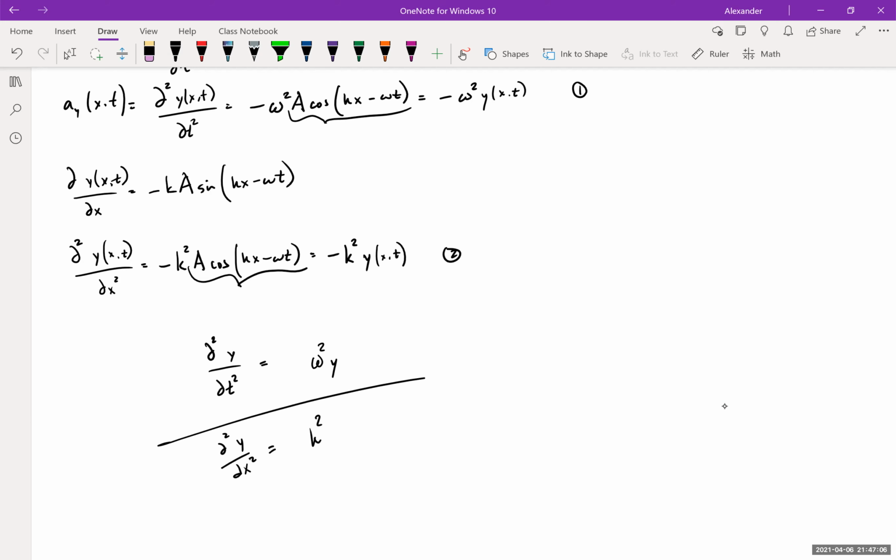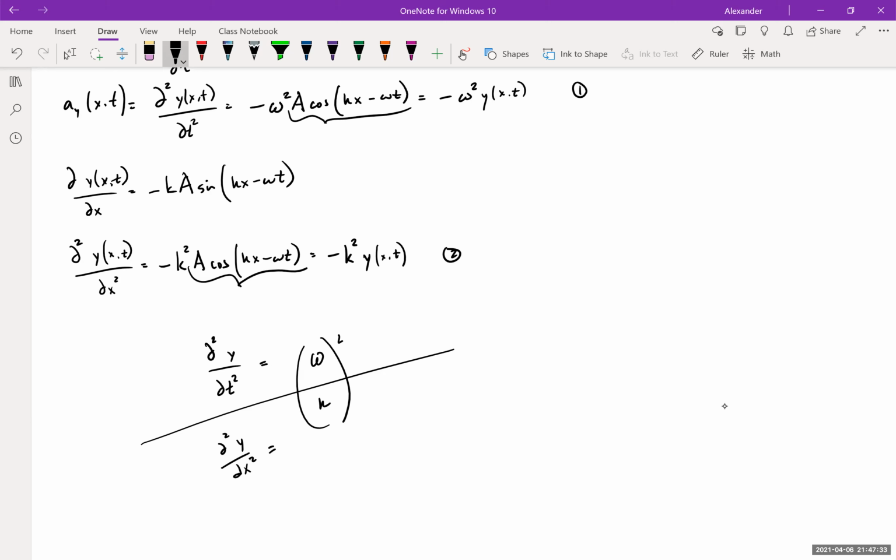Cancel the negative, cancel the y. Omega over k. Omega over k, though, is v. That's the phase speed, the propagation speed of the wave.